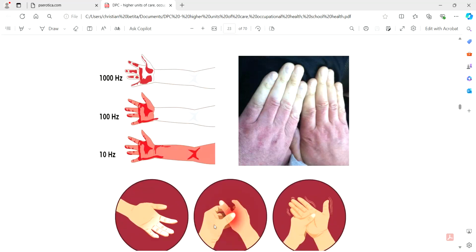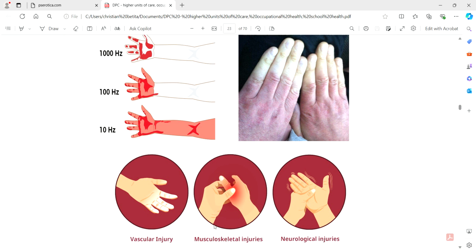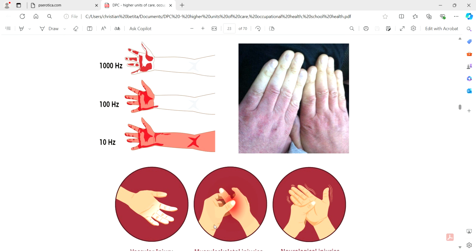As you increase the frequency of the vibration, you start to see increased damage to the tissues, and this is primarily due to decreased perfusion to the extremities, resulting in this phenomenon of severe pallor in the extremities.